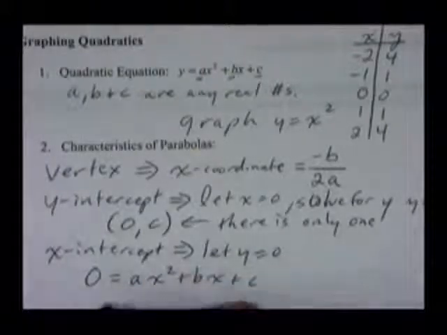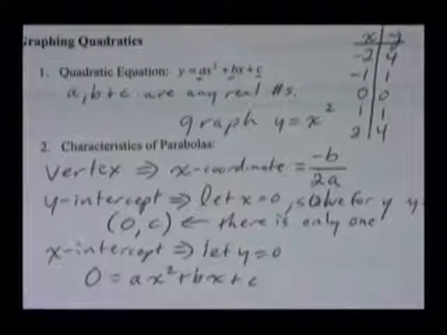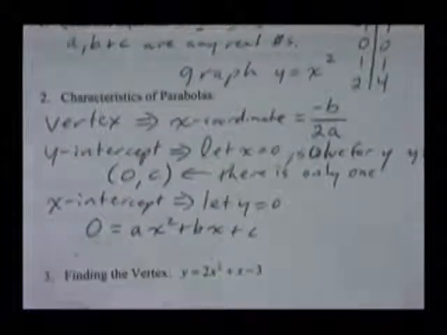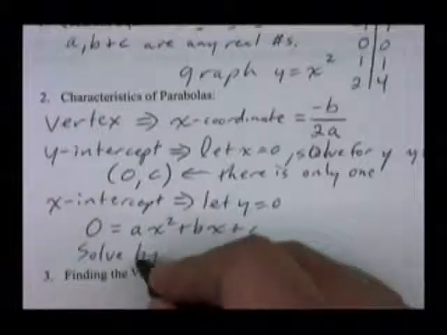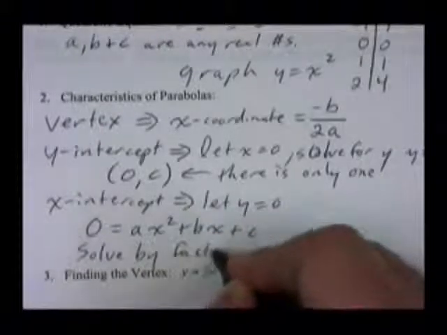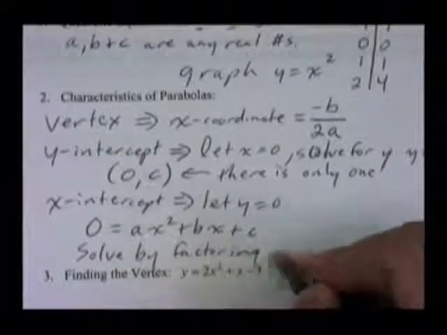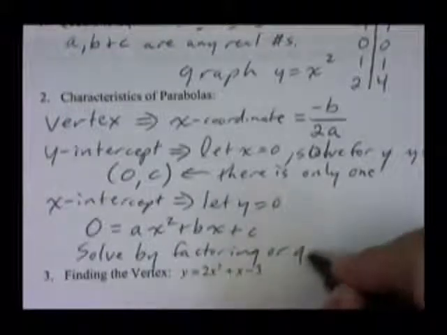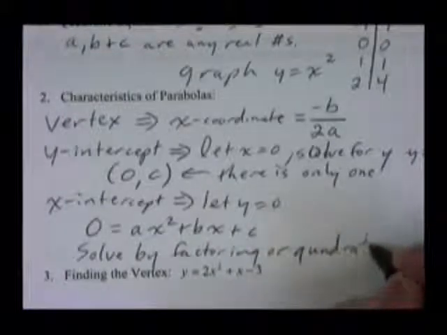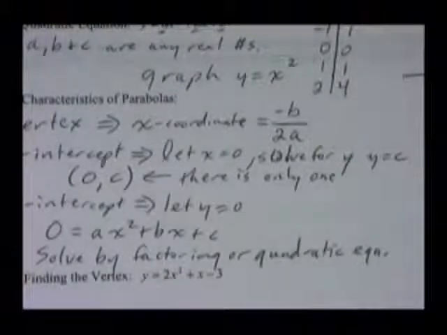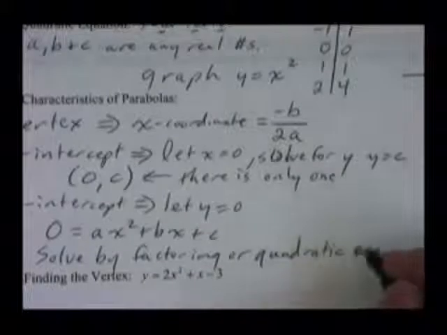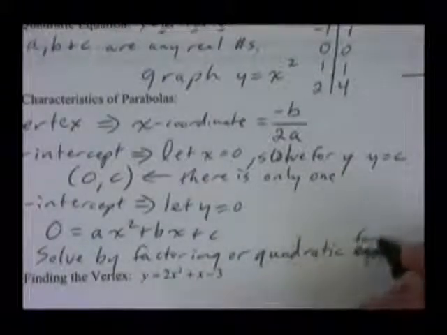And you can solve that one of two ways that you remember from your previous math courses. You could either solve by factoring, and then setting your factors equal to 0, or you could use the quadratic formula.